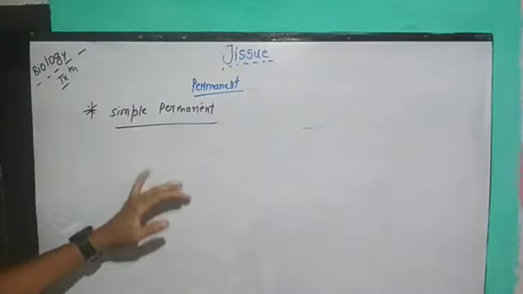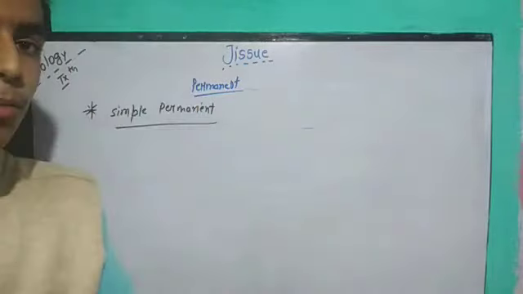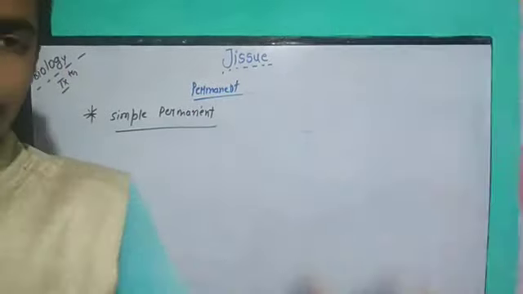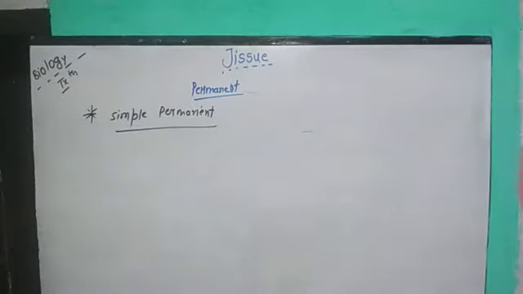In simple permanent tissues, only similar types of cells are grouped together to form the tissue, whereas in complex permanent tissues, the cells are of different types. The third one is our special tissue. Then we are going to start the simple permanent tissue.